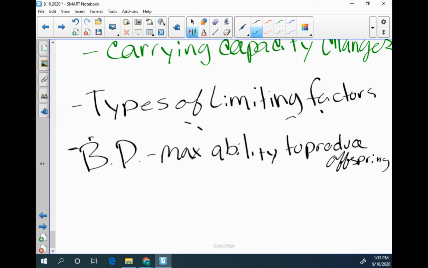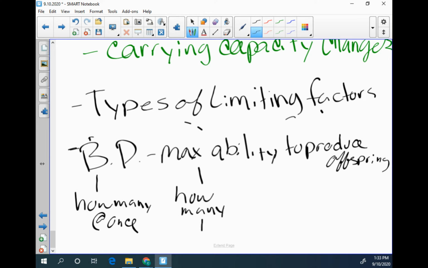Things like how many babies at once? Or how many times can an organism have babies? And how long does gestation last?